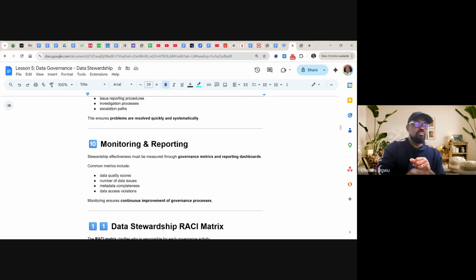And then monitoring and reporting. The stewardship effectiveness must be measured through governance metrics and reporting dashboards. So looking at the dashboard or metrics, we should know when there is a flag.